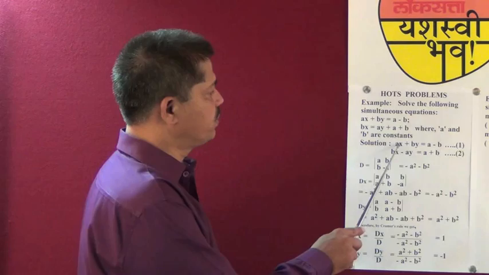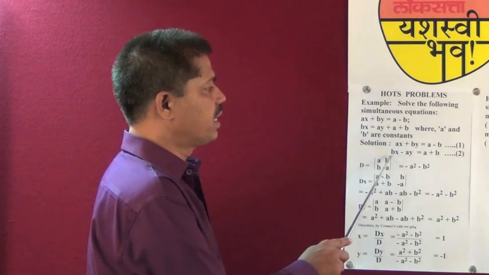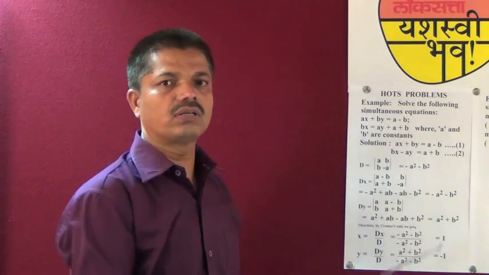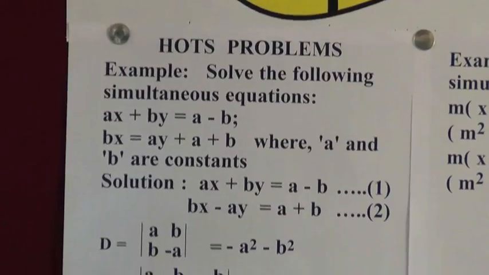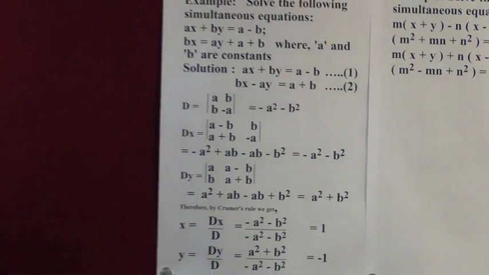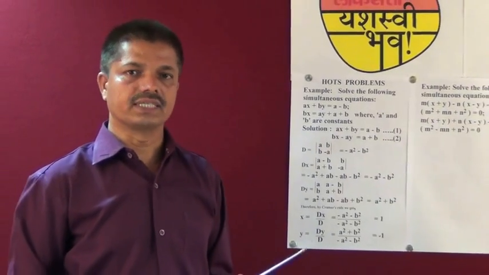If you want to make the coefficient of x equal, you can multiply the first equation by b and the second equation by a, and then solve by our usual method. But you will find it a bit tedious. So here is a simple method of solving this simultaneous equation by using determinants.